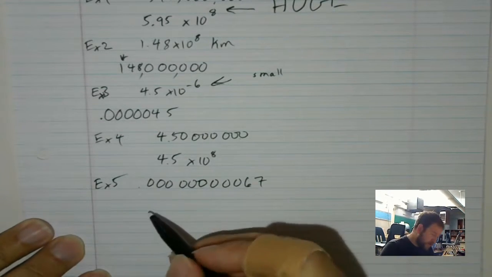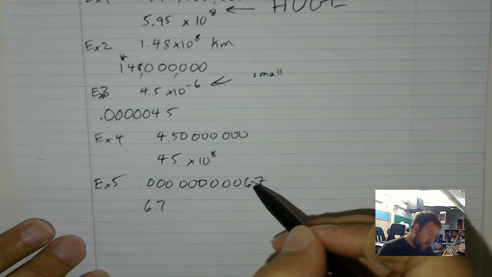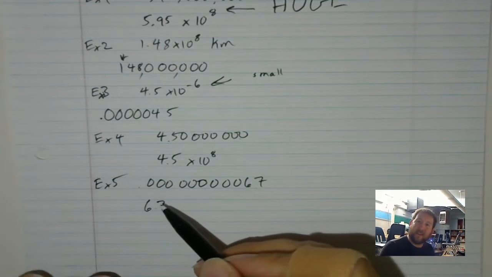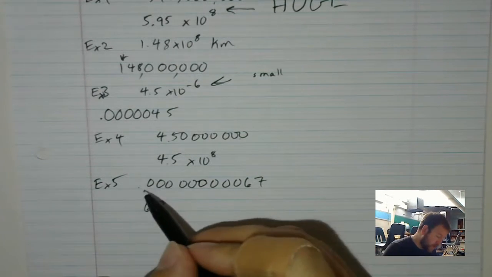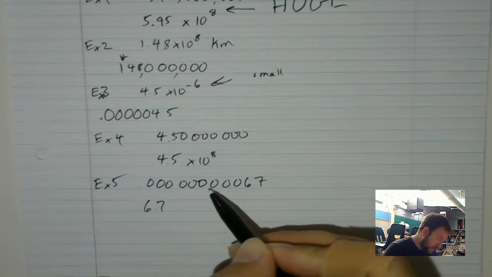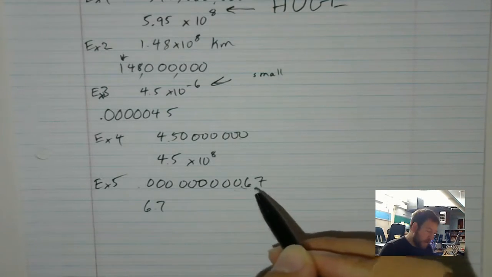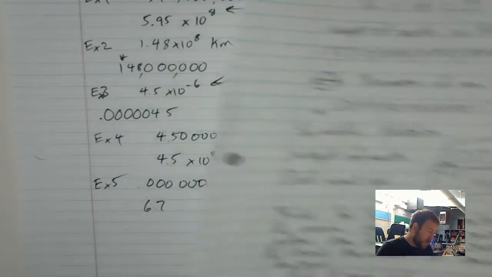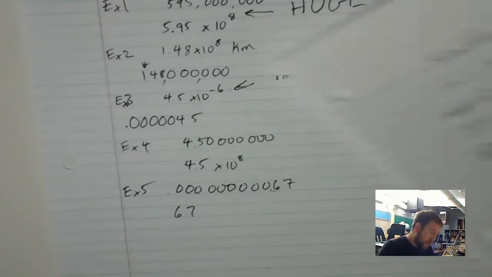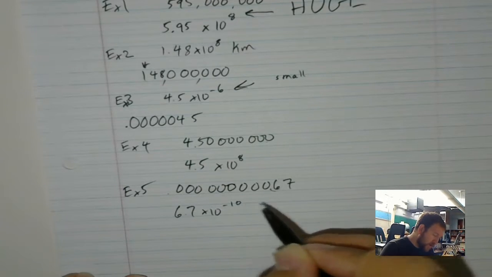So I'm going to start off by writing 6.7 because these are my first two. This 6 is my first non-zero digit. And then I need to start counting and see how far this is supposed to go over. 1, 2, 3, 4, 5, 6, 7, 8, 9, 10. It went 10 places and it went to the right. And if I go to the right, it's negative. So that means I am going to go times 10 to the negative 10th.